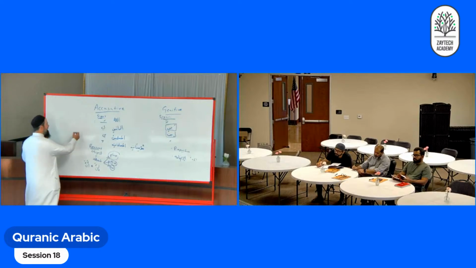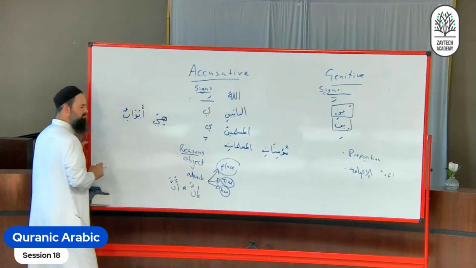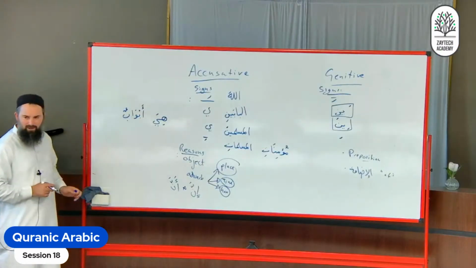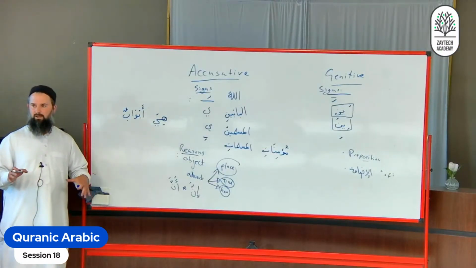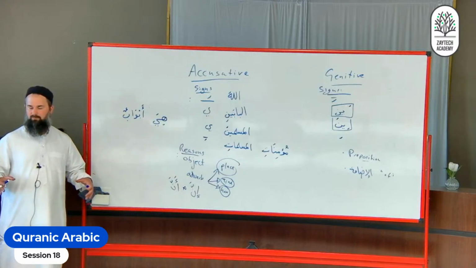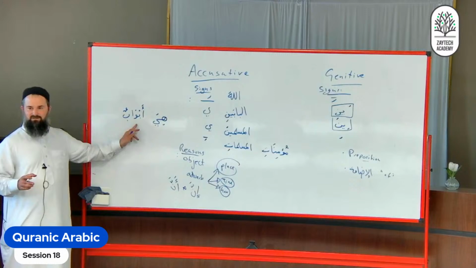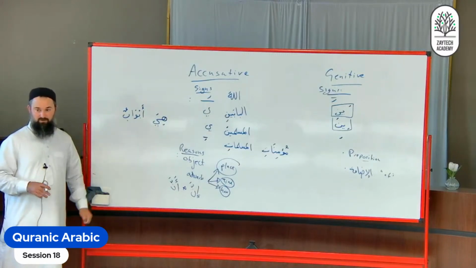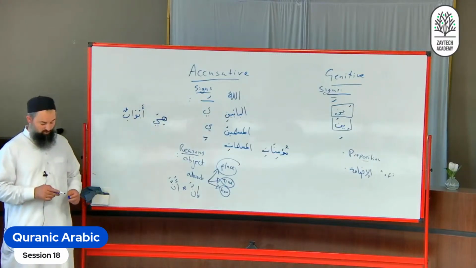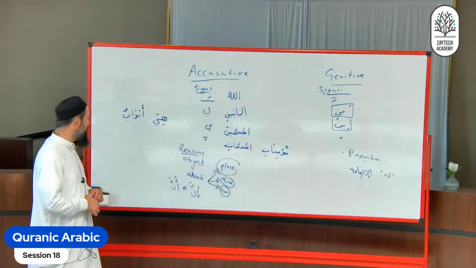So I say here, for example, abwabun. They are doors. So why didn't you say hum? Oh, hum is used for people. Okay, so when you're talking about a group of its, you use here. But a group of non-human plural, right?